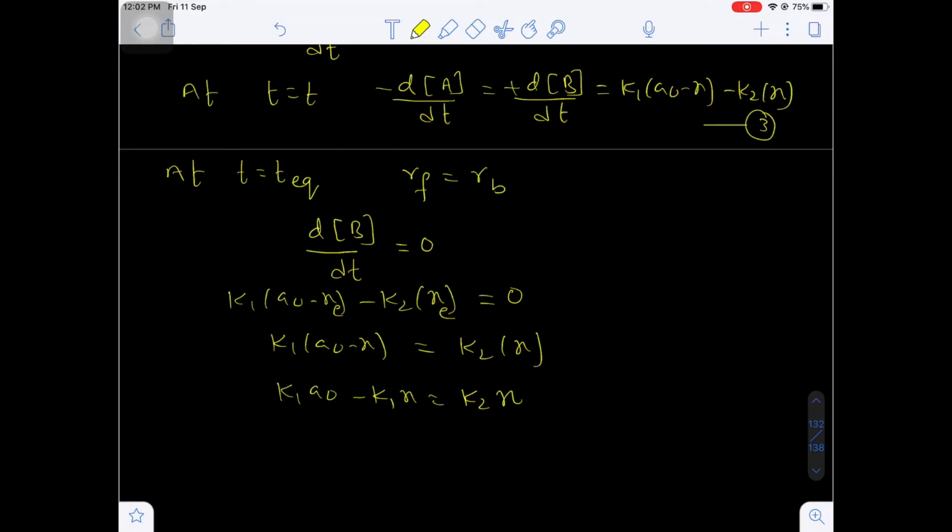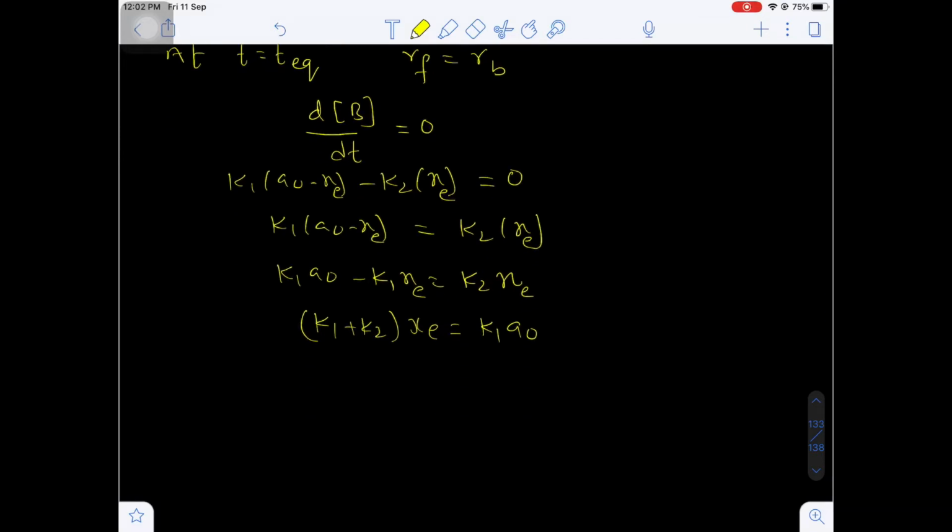So K1 A0 minus K1 Xe is equal to K2 Xe. From here, (K1 plus K2) times Xe will be equal to K1 into A0. From here, K1 plus K2 will be equal to K1 A0 divided by Xe. Let's suppose this is equation number 4.